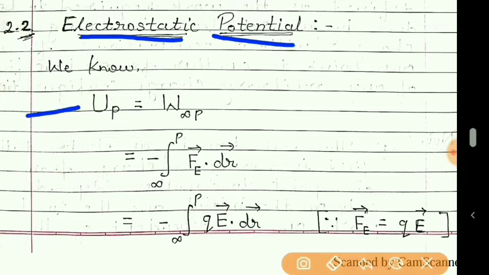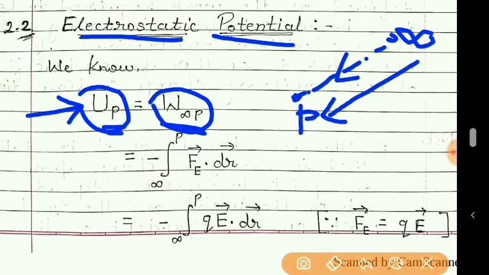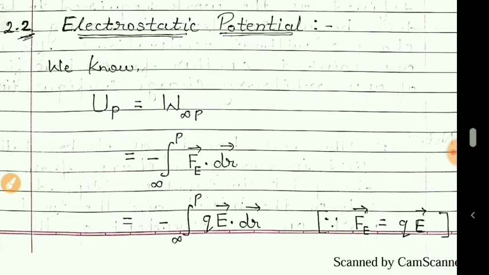We already know about electrostatic potential energy at any point P. This potential energy is due to the work done to bring a charged particle from infinity to a given point P. So when we bring this charged particle from infinity to this point P, we need to do some work, and that work done is nothing but the potential energy of the particle at point P. So this you have already studied.